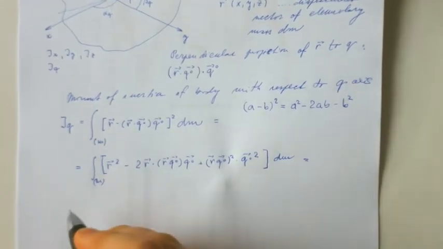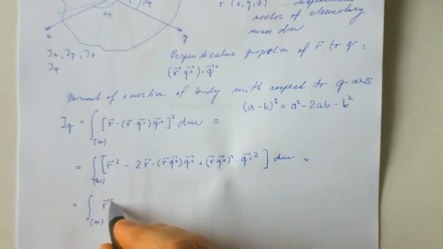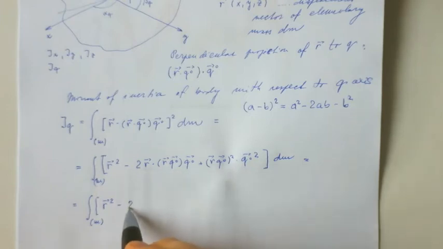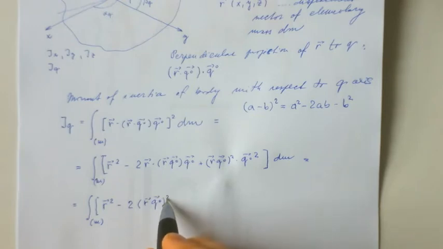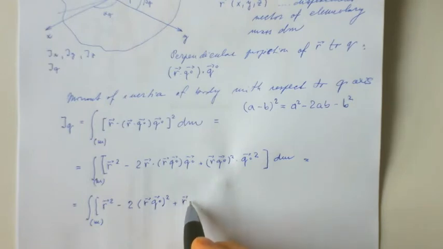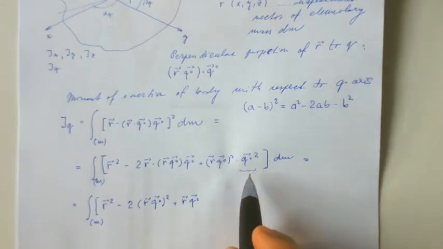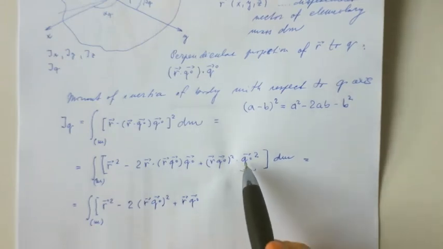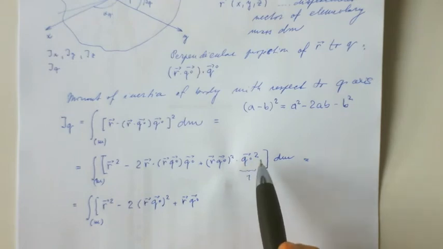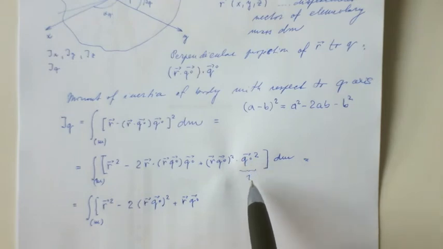So it's a q integral, and so we can keep r square minus, and this we can rewrite as 2 r q0 powered by 2 plus r q0, and this is 1 because this is a unit vector, and a unit vector powered by 2 is 1 because it's a square power of the size of the vector.